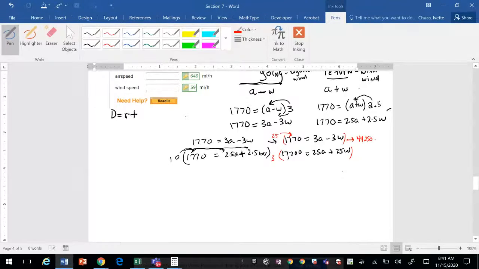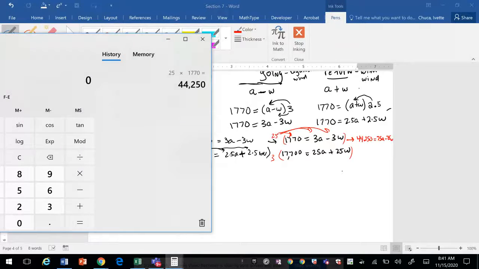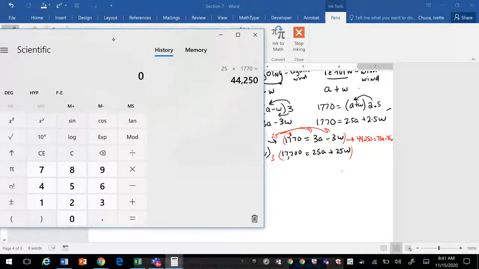And then 25 times 3A is 75A. And 25 times negative 3 is negative 75W. And then 3 times 17,700. See, what do we get? 17,700 times 3 is 53,100.